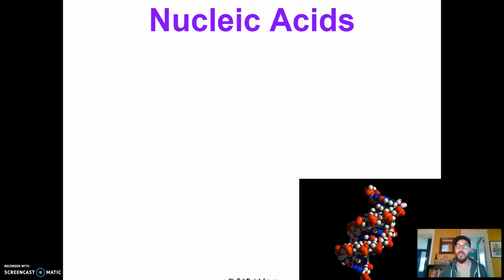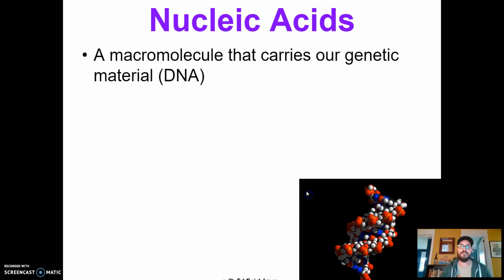So we call this structure dictates function. So what is it about the structure of DNA that allows it to make proteins, or in the case of a virus, allow a virus to hijack your machinery to make proteins, right?